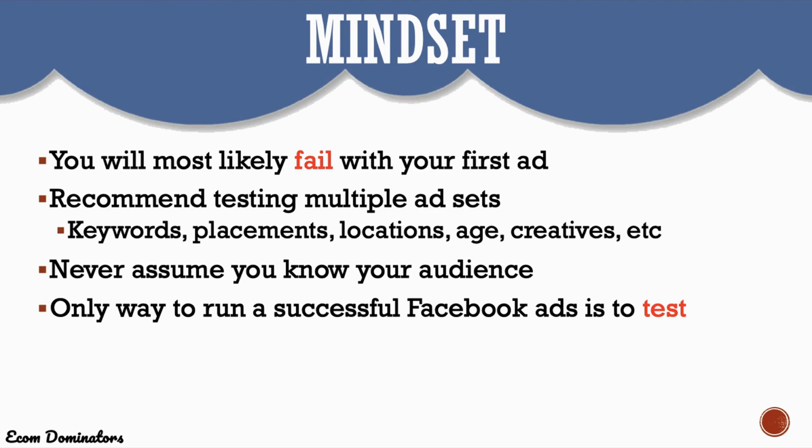Don't worry if you don't know what I'm talking about. I'm going to show you a little bit later on how to set this up. So the only way to run a successful Facebook ad is to test. You need to test multiple ads. You need to test multiple products in order to figure out which product works, which keywords work, which placement works, things like that. So make sure that you're always testing.